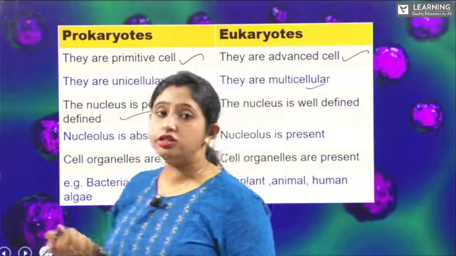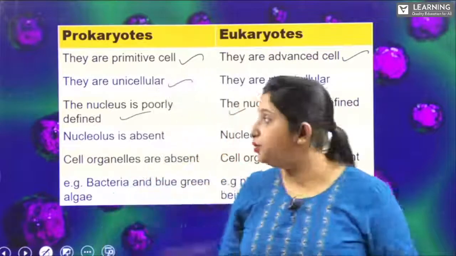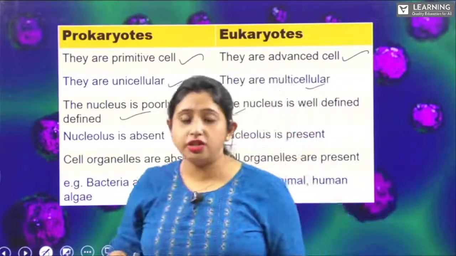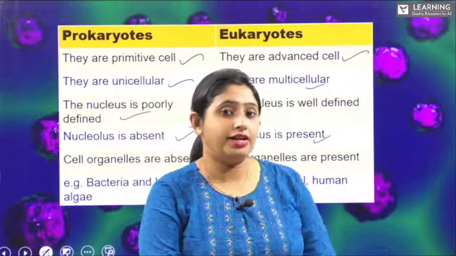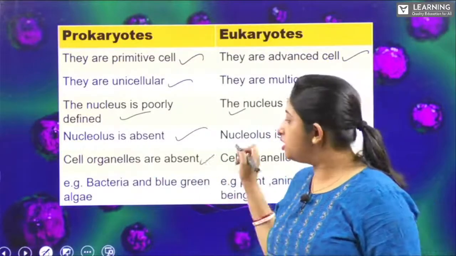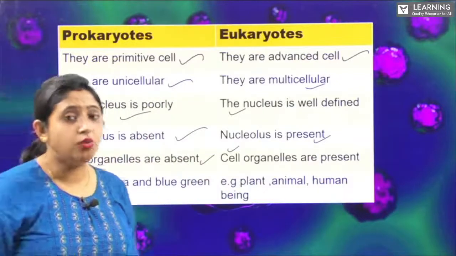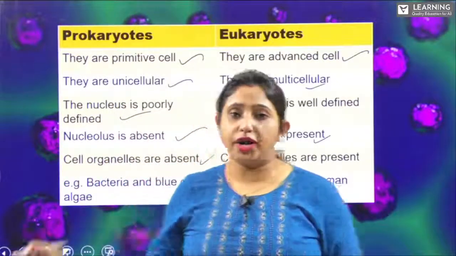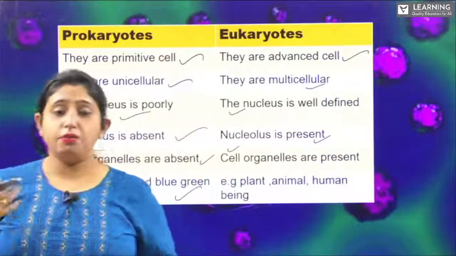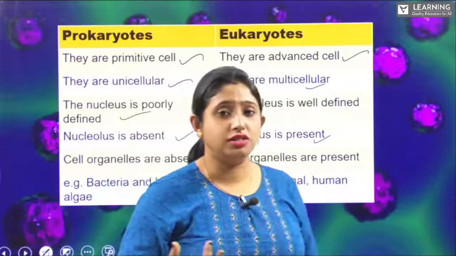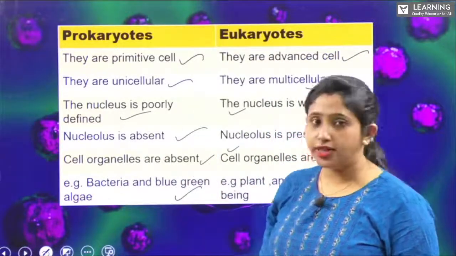In prokaryotes the nucleus is poorly developed and the nucleolus is absent, whereas eukaryotes have a well defined nucleus and the nucleolus is present. In prokaryotes cell organelles are absent, whereas in eukaryotes they are present. Examples of prokaryotes are bacteria and cyanobacteria or blue green algae, and eukaryotes are plants, animals, human beings. Is that clear? You can note this difference down.